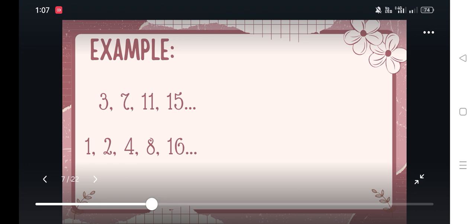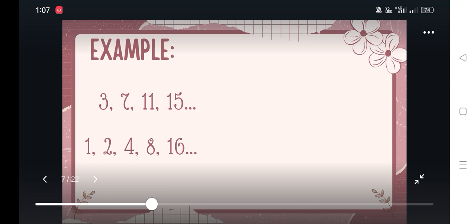Yes, we simply add 4 to get the next number or term. How about the second one? Okay, very good. We double to get the next number.